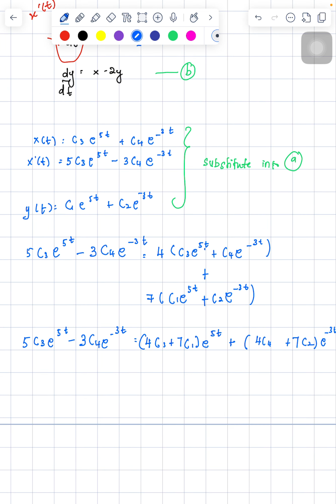The terms with e to the power of 5t here, so 5c3 equals to 4c3 plus 7c1.